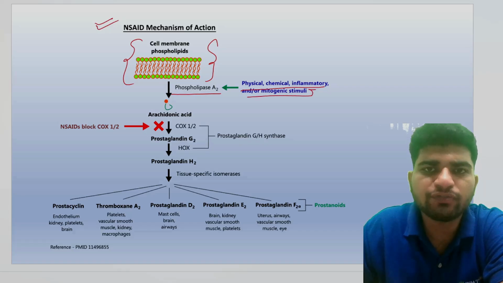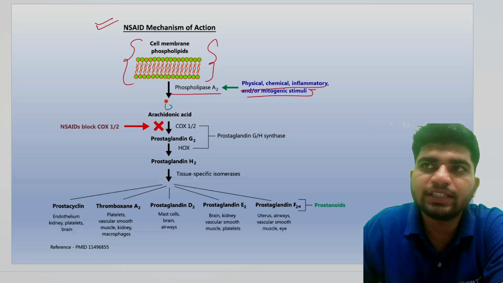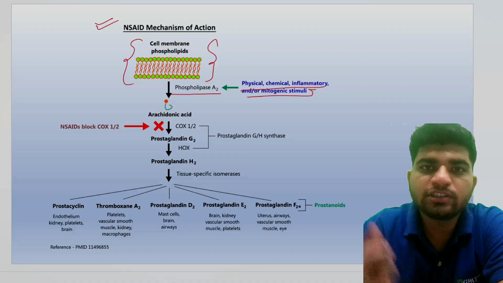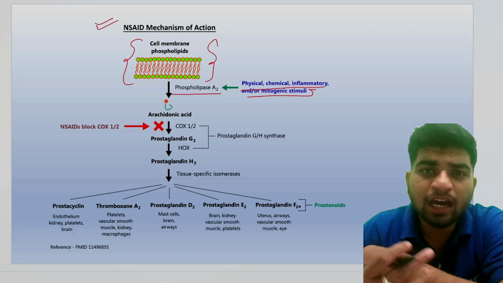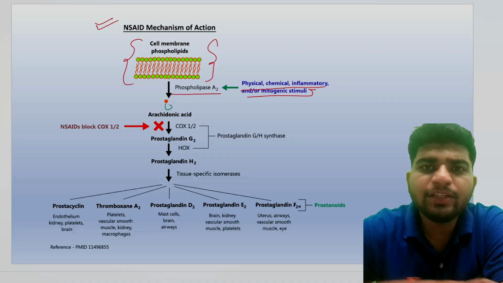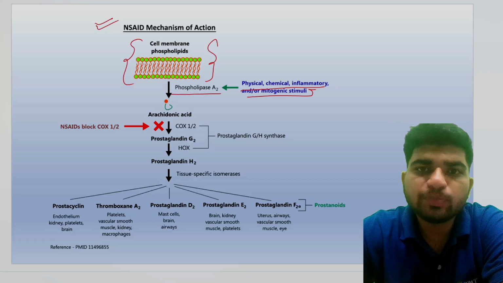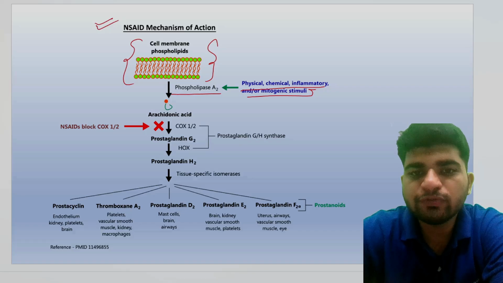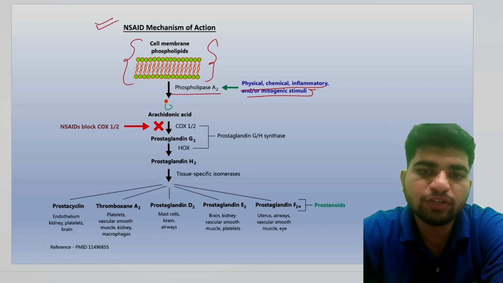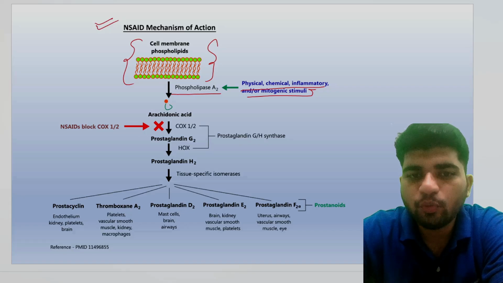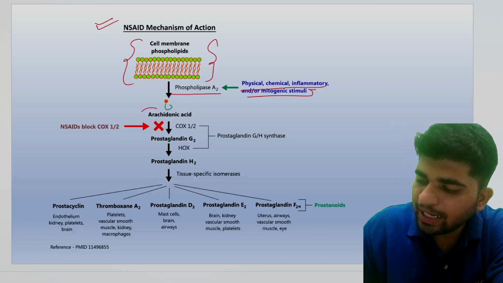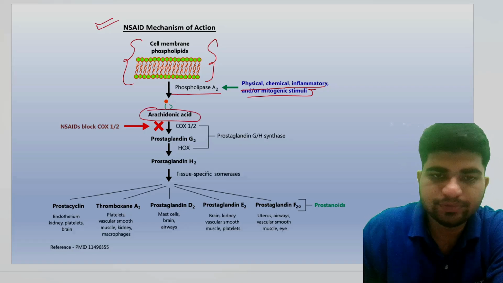Due to a physical trauma or injury, or some harmful chemicals, there is a tissue response. Phospholipase A2 generation is a tissue response which produces arachidonic acid.